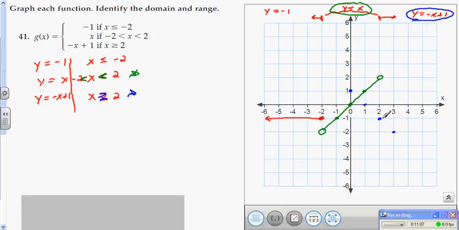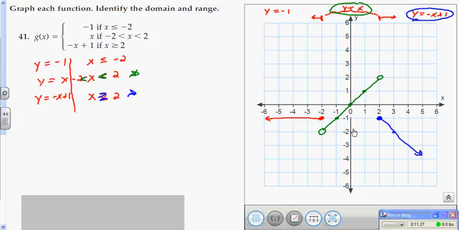So I'm going to start here, and my line's going to go like that. I used this point to help me graph, but it cannot be allowed in that area. So I have to take it out. But I used it to help me graph it.